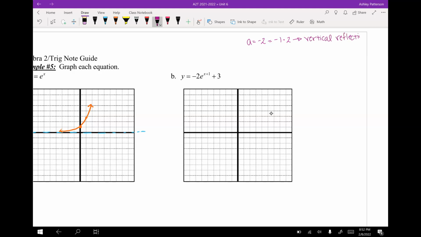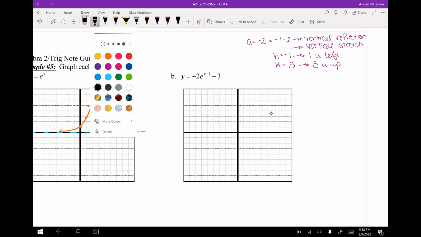And because the 2 is greater than 1, we have a vertical stretch. Okay, just because the base is an irrational number doesn't mean that the transformations change. Everything's still the same. H is going to be -1, taking that opposite sign, so we're going to go 1 unit left. And then K is a +3, moving us 3 units up.